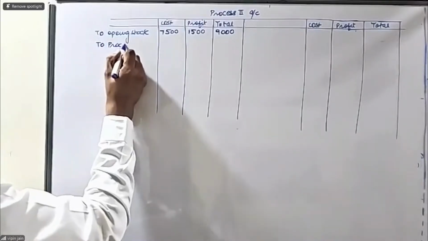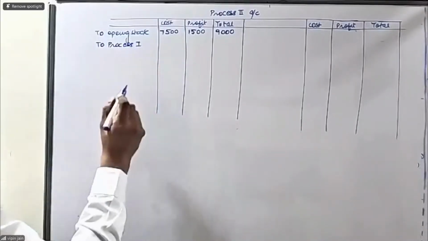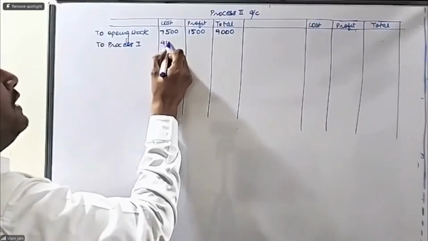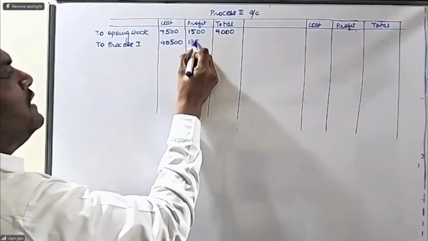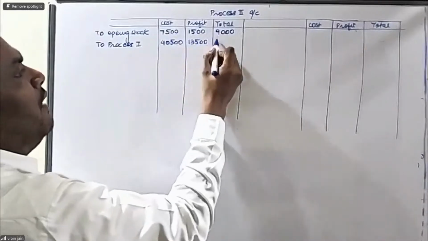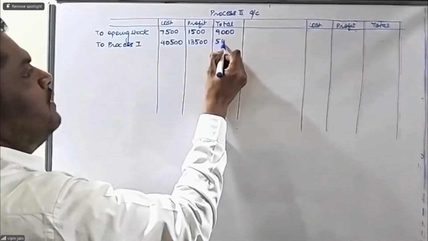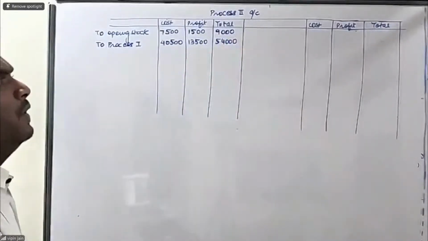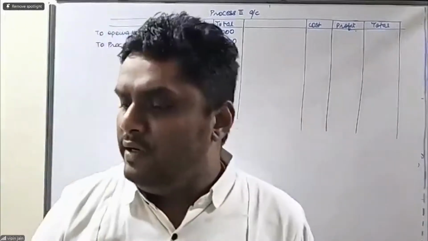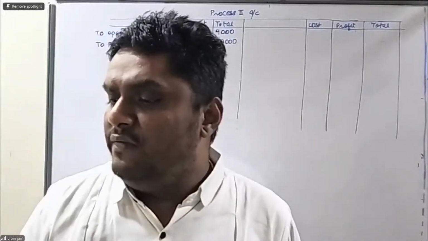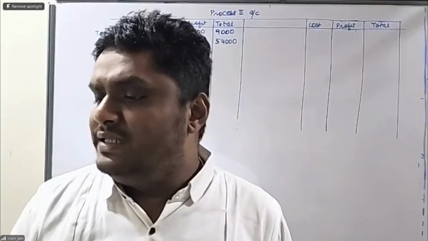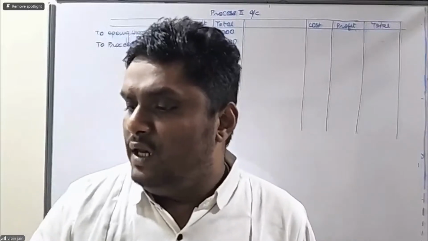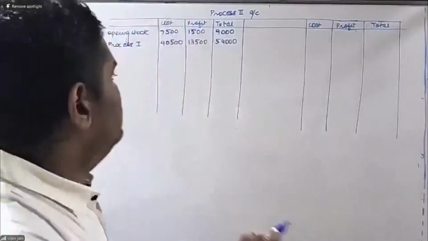Now from process first, it was 40,500, 13,500 and 54,000. Now let's record all the costs wherein material and wages are there.